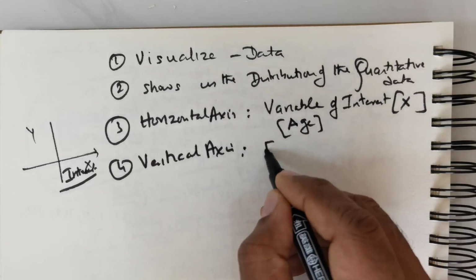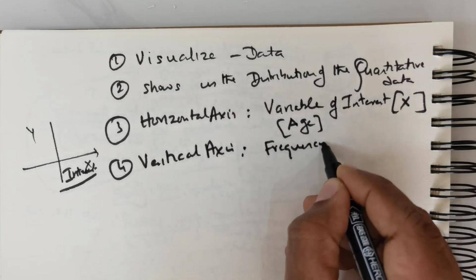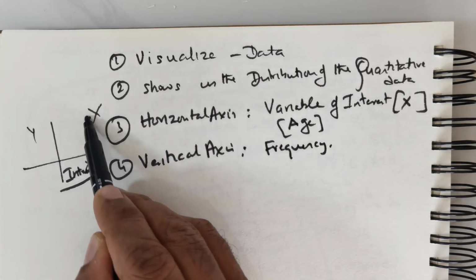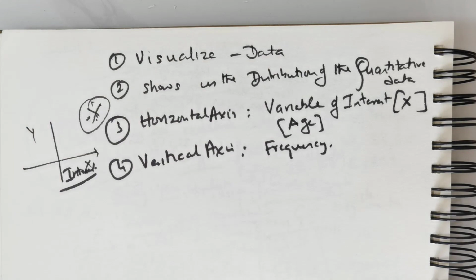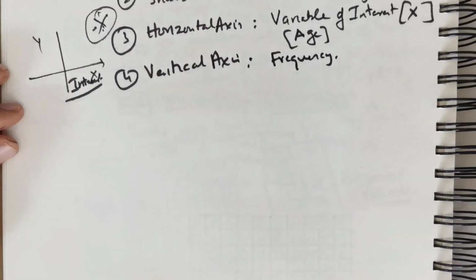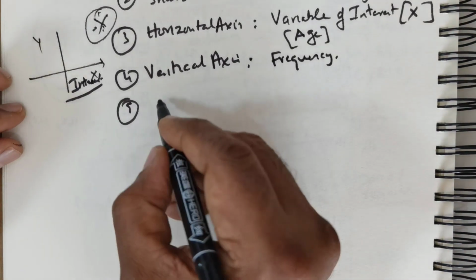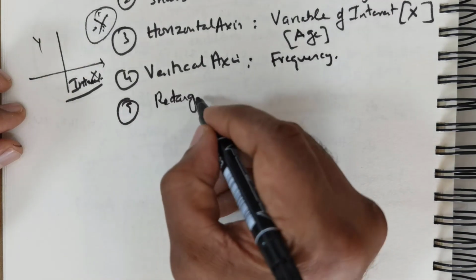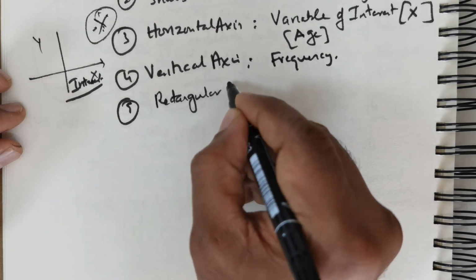And vertical axis, obviously, that is going to be the frequency, right? So determining the horizontal axis is the all important feature of getting the histogram correct. Okay, so whenever we draw the histogram, we draw them in rectangular shapes. So they all should be in rectangular shape.